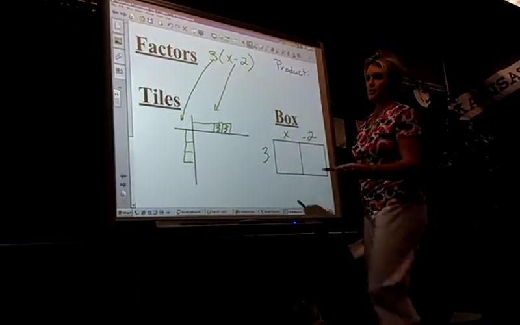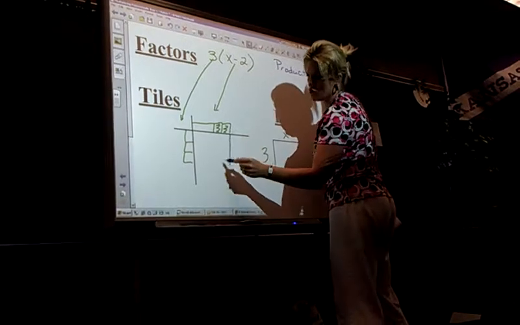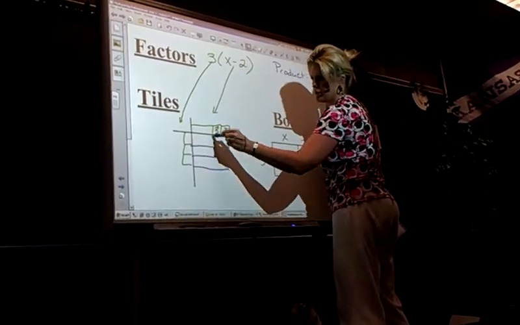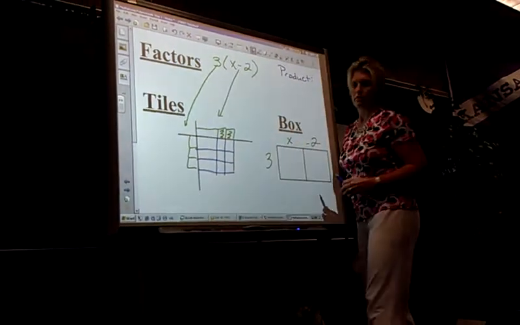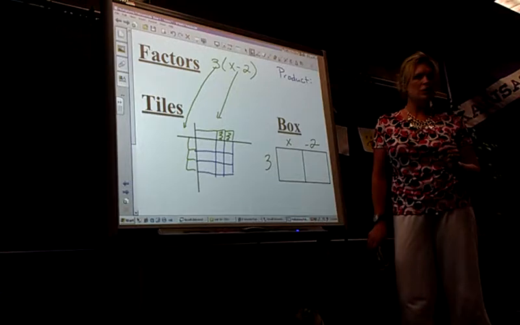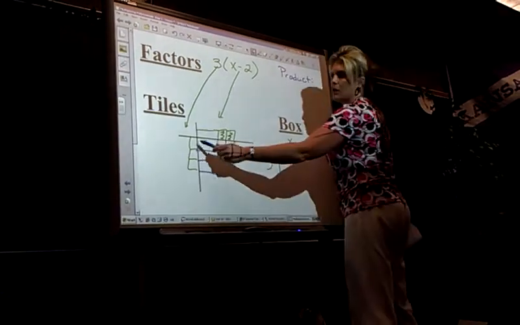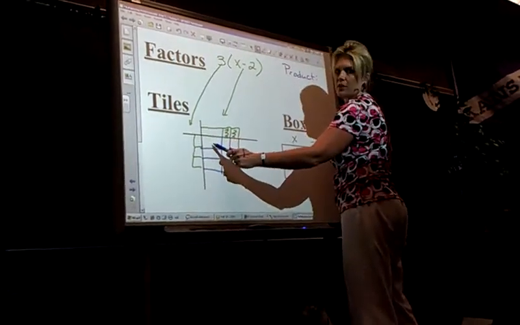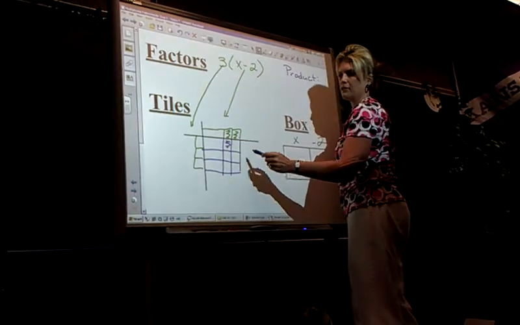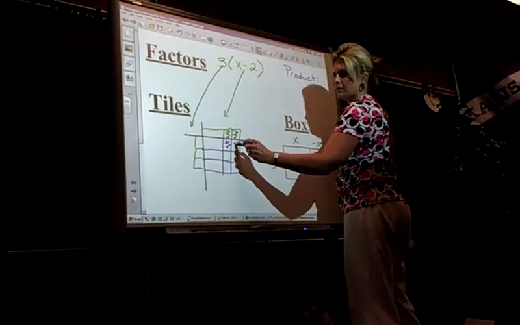With the tiles, I'll continue to draw my lines down here. Okay, but that's not my final answer. You have to look at your positives and your negatives. A positive times a positive is a positive. Positive times a negative, that should be negative.